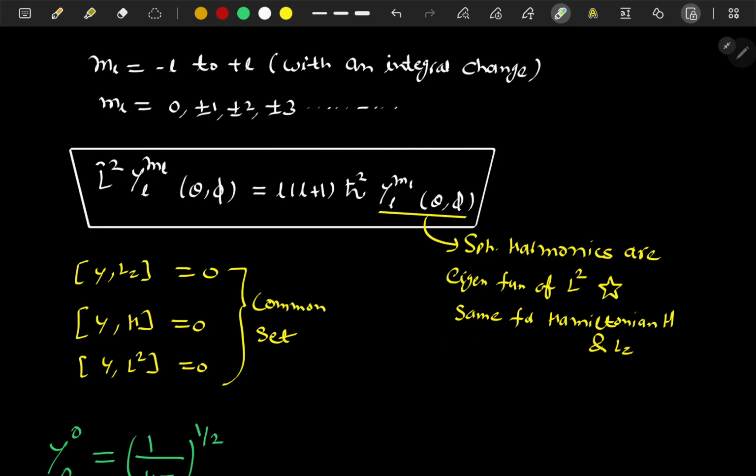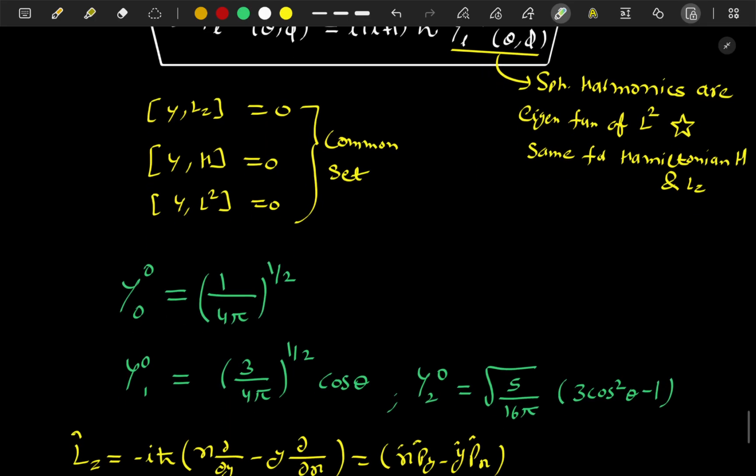So spherical harmonics are eigenfunctions of L square, and similarly these are also eigenfunctions for the Hamiltonian and for Lz. Why is it so? Because these operators commute.